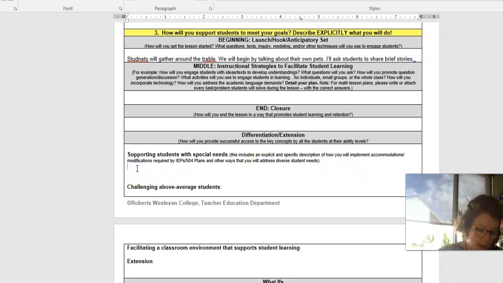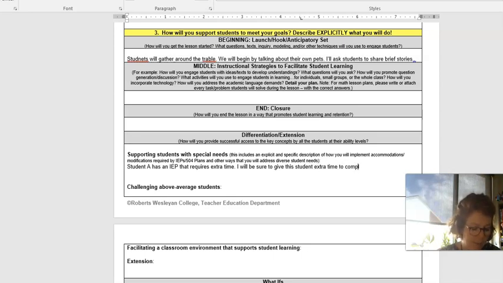So you could say, student A has an IEP that requires extra time. I will be sure to give this student extra time to complete the task. Okay, so you're going to say that.